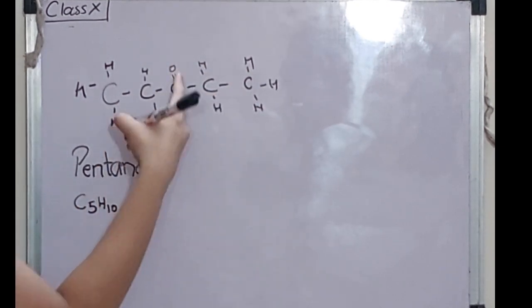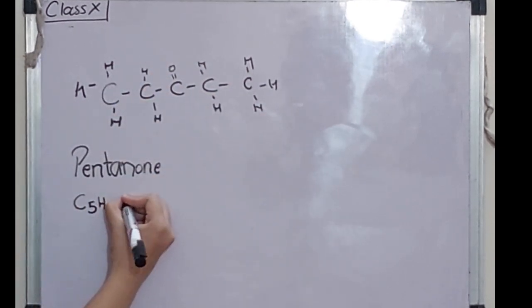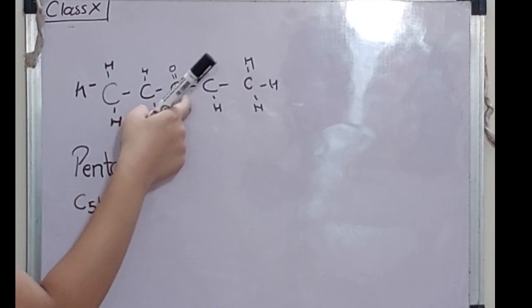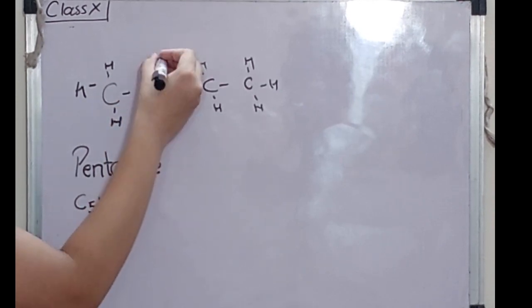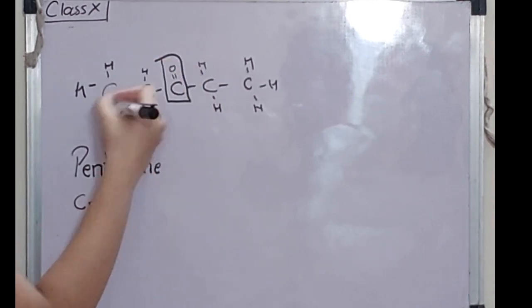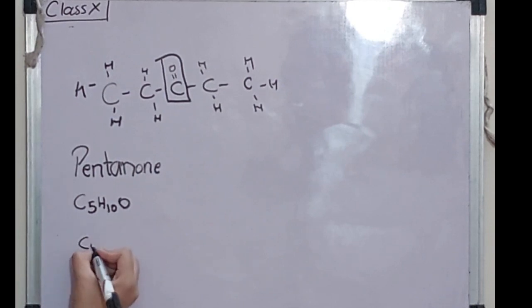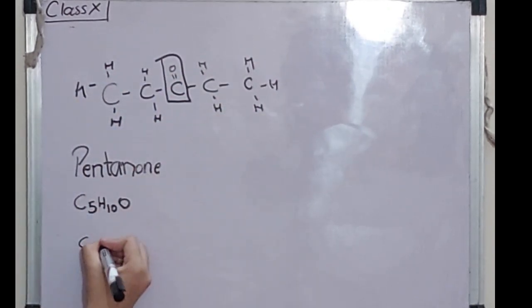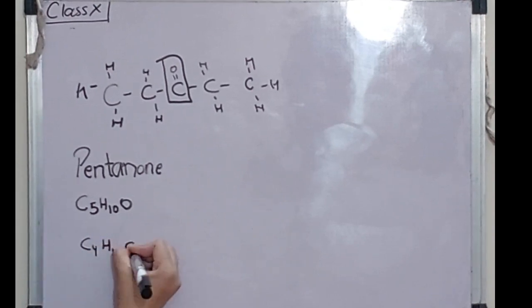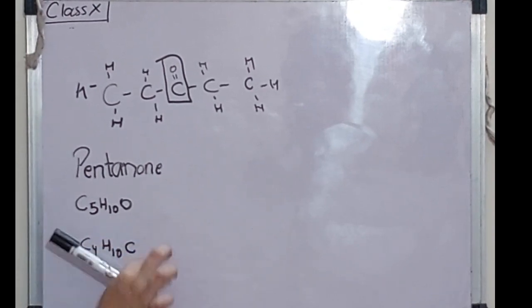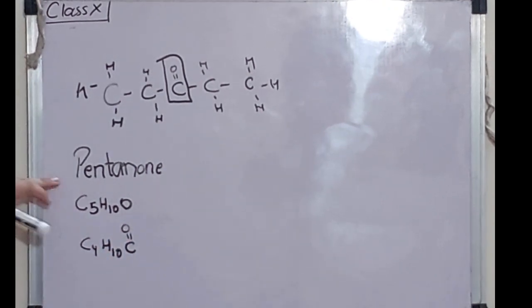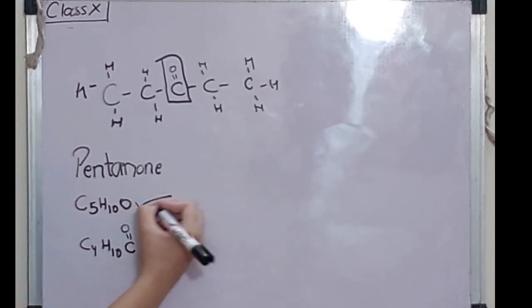H10 and at last just write oxygen as it is. और you can do what? पहले फंक्शनल ग्रुप को छोड़ के सब काउंट करके लिख दो. C4 H10, and then C double bond oxygen. या तो ऐसे लिखो या तो ऐसे, बट मोर करेक्ट वे इज टू राइट लाइक दिस.